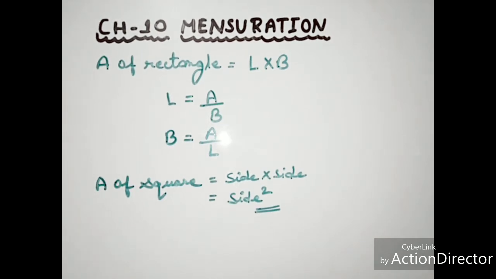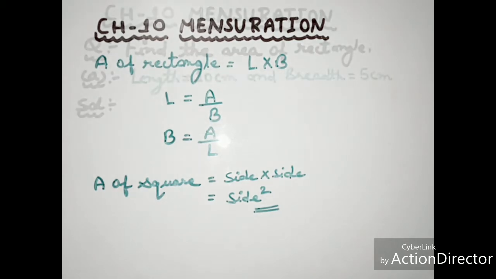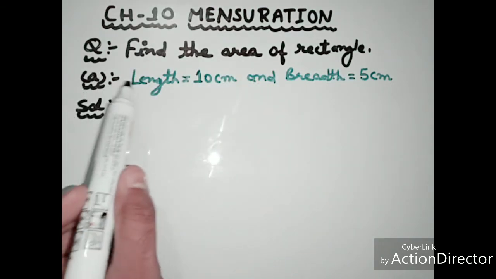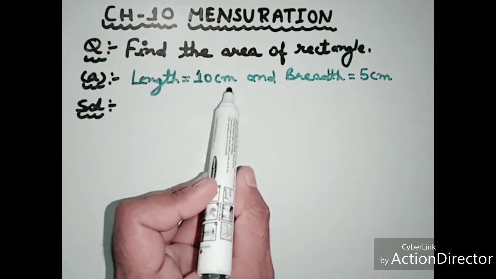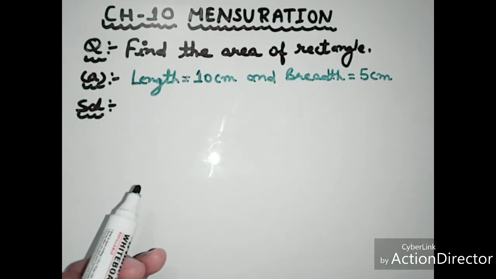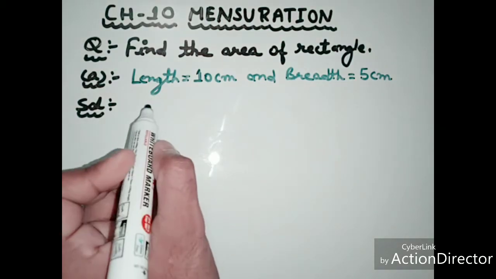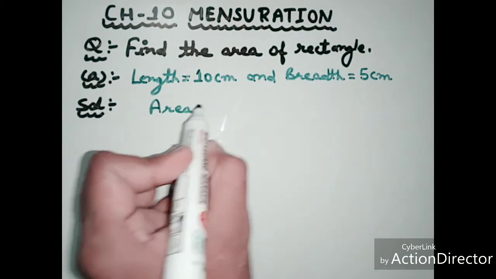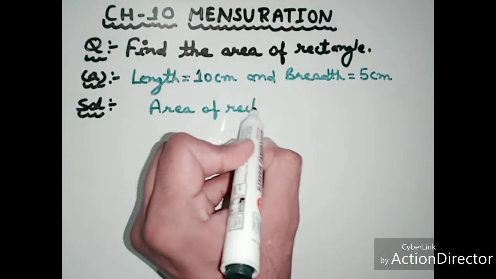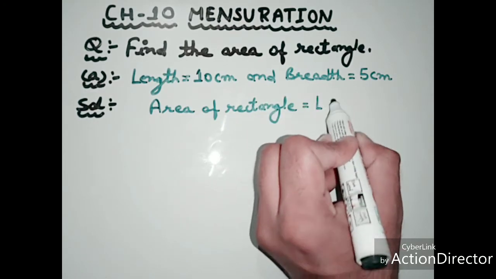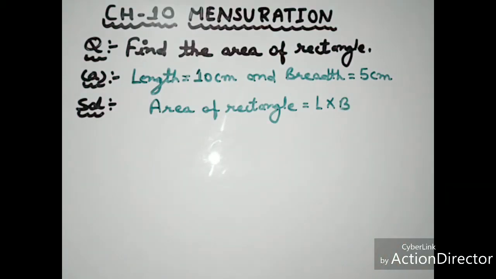Now we will solve some examples related to the area of a rectangle. Example number 1, find the area of a rectangle. Here length equals 10 centimeter and breadth equals 5 centimeter. First we write the formula of the area of a rectangle: area of rectangle equals length into breadth.